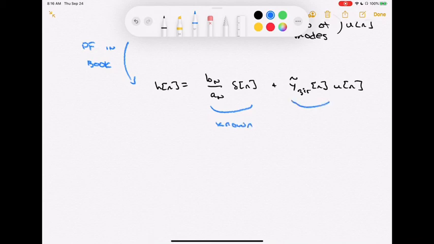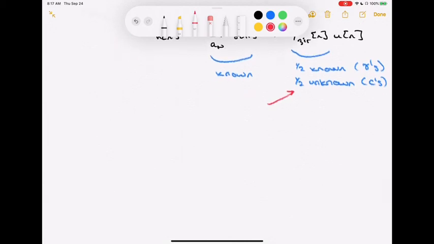This YZR is half known, those are the gammas, the characteristic roots, and it's half unknown, and that's the coefficients, the C's. So how do we find those unknown coefficients? I'm going to just do a recursion. I'm going to get n equations in these n unknowns through recursion.